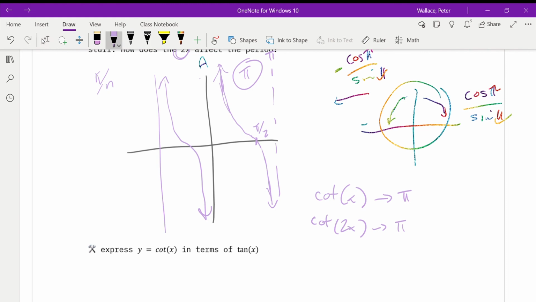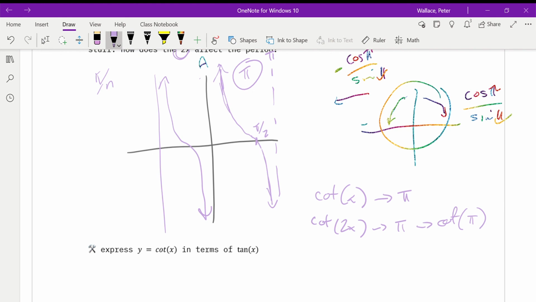if I multiply whatever this angle is, say it's pi over 2, by 2, I'm going to get cotangent of pi. So I will have gotten to the period faster. You can think about plugging in pi over 2, and it's like, okay, I'm already at that period. So they should stretch out. The period should become shorter.